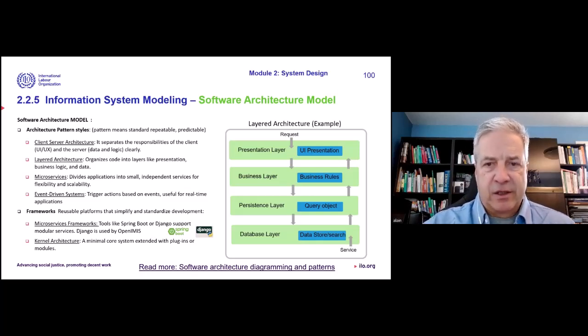Then you have the business layer. This layer you don't see, it's completely hidden from you. But essentially it's the code, the programs that support the business rules that you have defined within your functional model. Then you have another layer called the persistent layer.